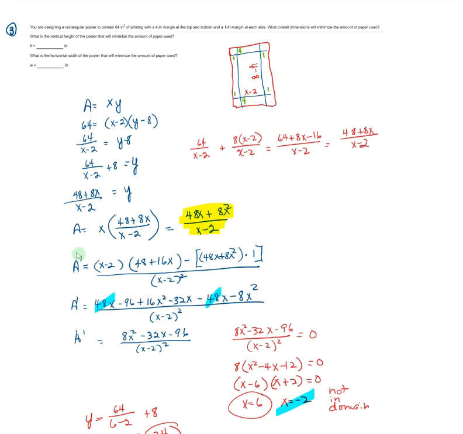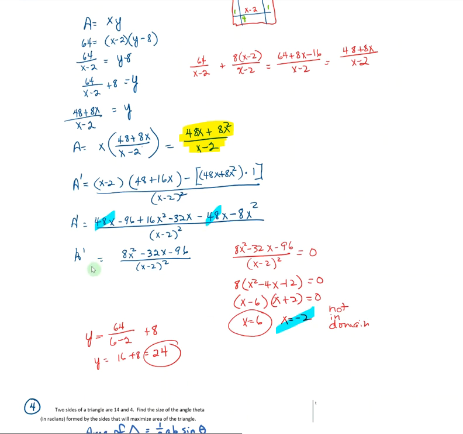That's a quotient. I don't need to go through each little step there. We've been doing that for the whole course, it seems like. But you end up with the derivative is 8x squared minus 32x minus 96 over x minus 2 squared. Take that, set it equal to 0.